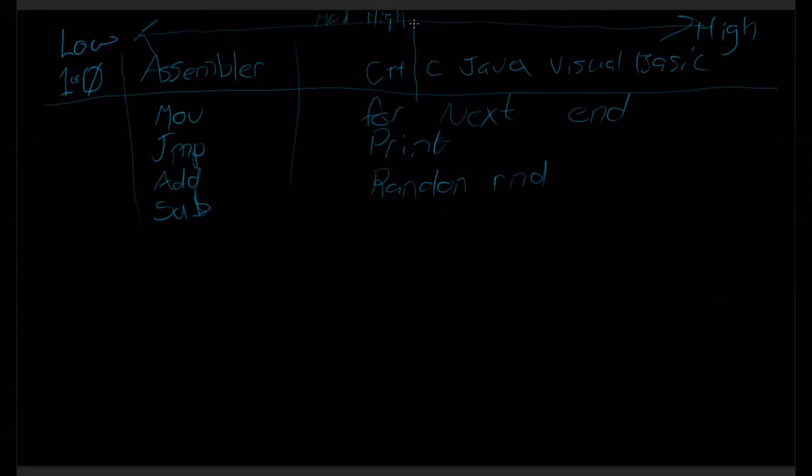Because with C++, you can directly interface with your RAM. You can access direct memory locations, so it's very nitty gritty. As far as the language goes, it's pretty much the same as C, or C's probably down here too. I'm not sure.